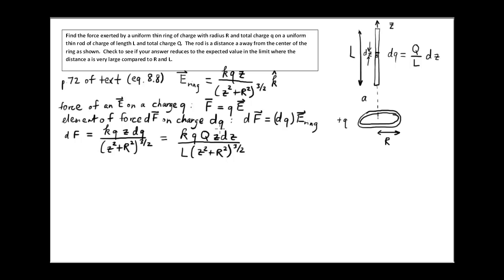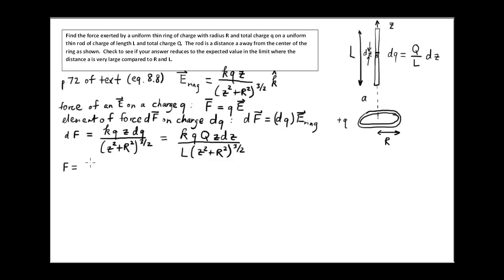So in order then to do the integration, I just have to set up the appropriate integral. And actually I don't want to use the force vector because I know that we're calculating the magnitude of the force, and the direction will be in the k hat direction.